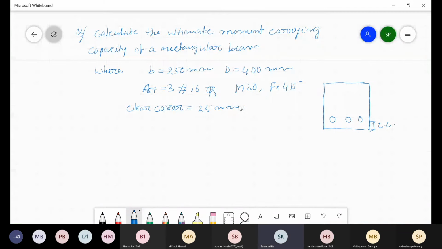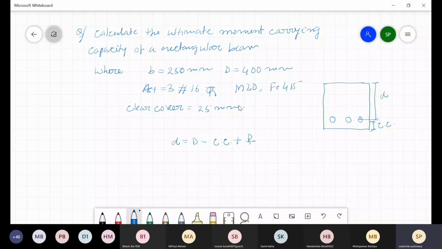Sir, overall depth minus clear cover plus half of the reinforcement diameter. Yes, because effective depth is up to this much. So effective depth d is equal to D minus clear cover plus diameter by 2.